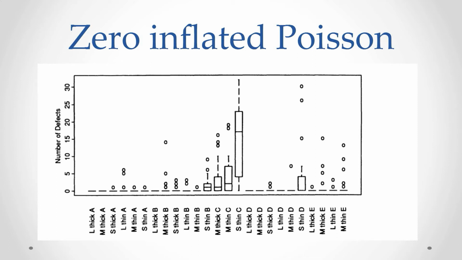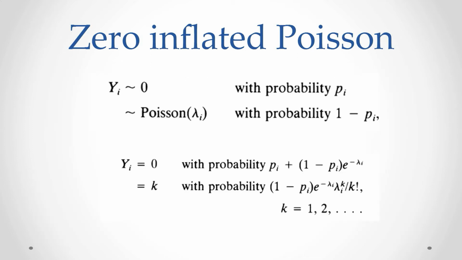Lambert looks at some likelihood-based means of modeling this data. So the zero inflated Poisson regression model assumes that we have responses y equal to y1, y2, up to yn, say, which are independent, such that yi equals 0 with probability pi, and follows Poisson(lambda i) with probability 1 minus pi.